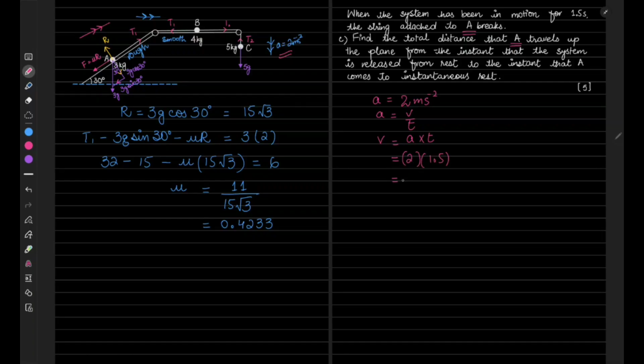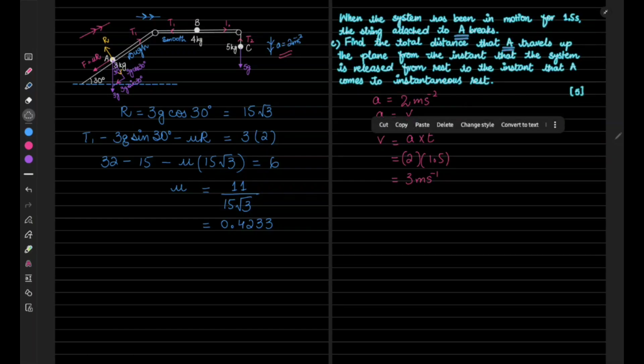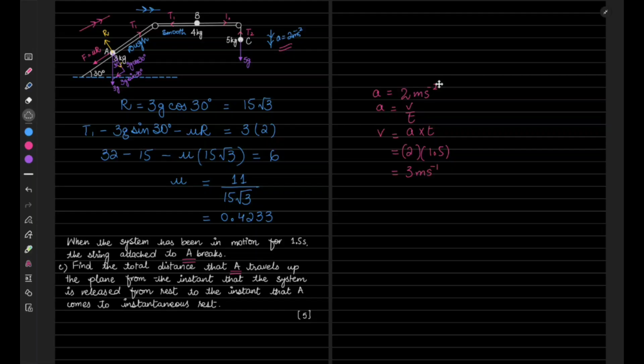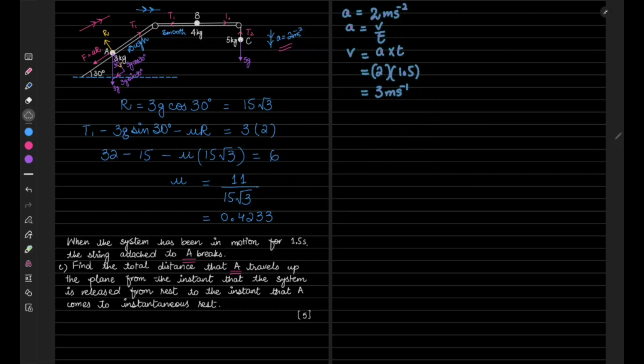So what was the velocity with which it was moving when the string breaks? That velocity is 3 meter per second. Okay, first thing we will be finding this. I think we have less space here, so instead of keeping it here, we should be moving it to the bottom. So first thing we found is the velocity with which it is moving when the string breaks.